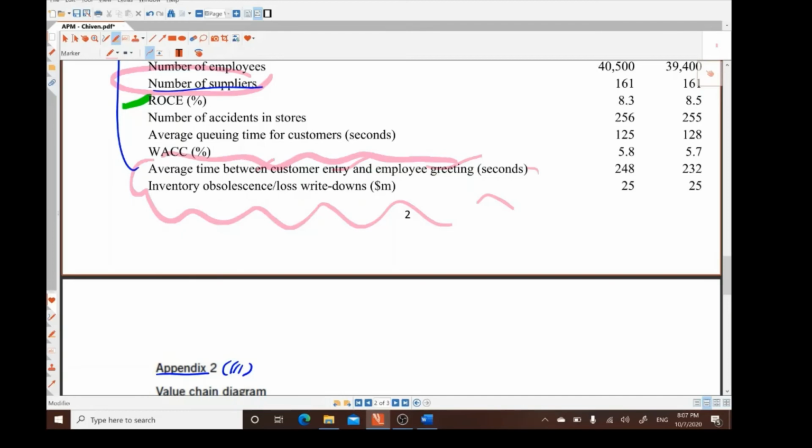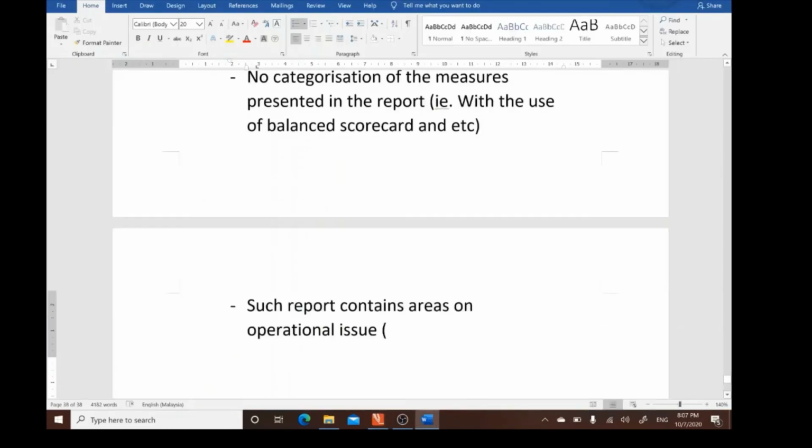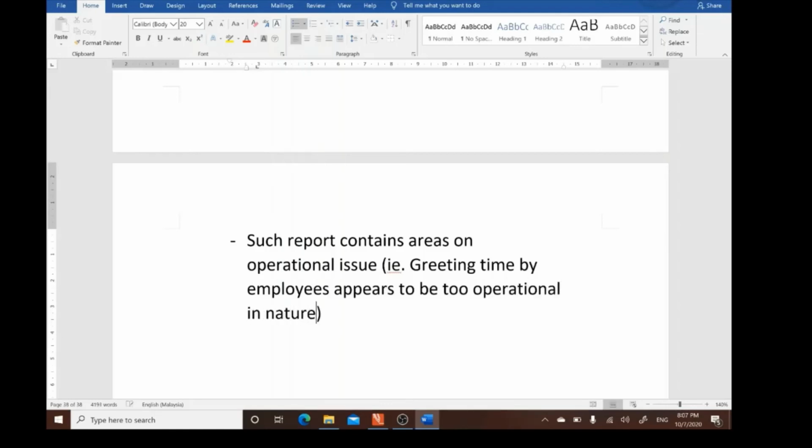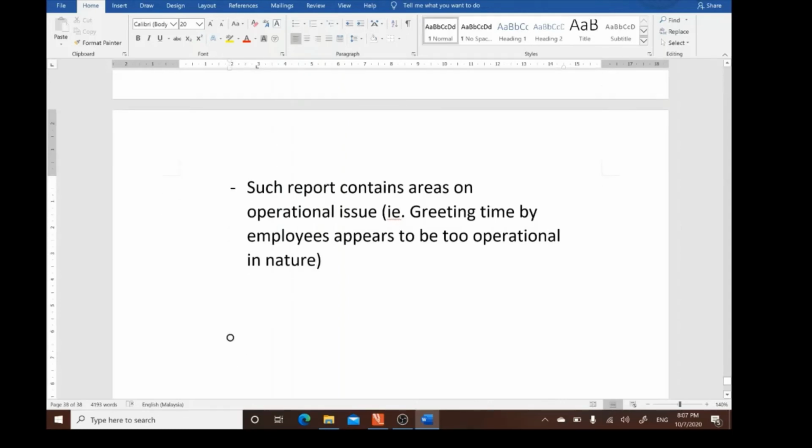All these appear to be too operational in nature. Since that is mainly for the use of the management, it should not be included.